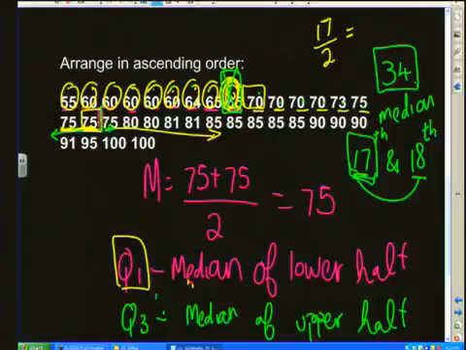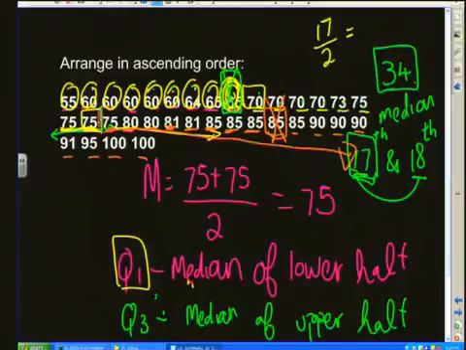Right, so let's have a count. So there's our 75. So that's 1, 2, 3, 4, 5, 6, 7, 8, and that one falls into position 9. And then we've got 1, 2, 3, 4, 5, 6, 7, 8. So this value of 85 divides your upper half of values into 2 equal pieces.